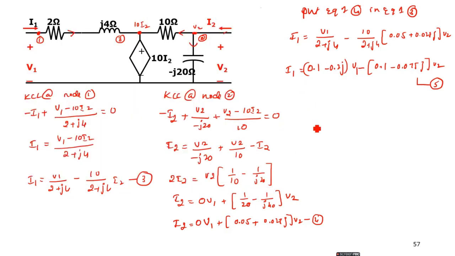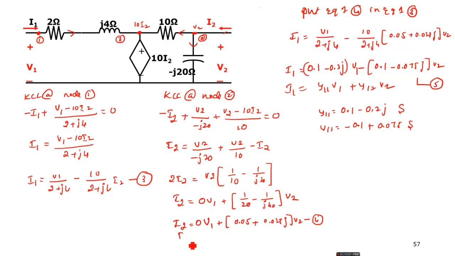Okay, so let us compare this equation with the standard equation: I1 equals y11 V1 plus y12 V2. So what we'll get? Y11 equals 0.1 minus 0.2 J Siemens or mho. Y12 equals, you can see here a minus sign is there, minus of 0.1 minus 0.075 J, so it is plus 0.075 J Siemens.